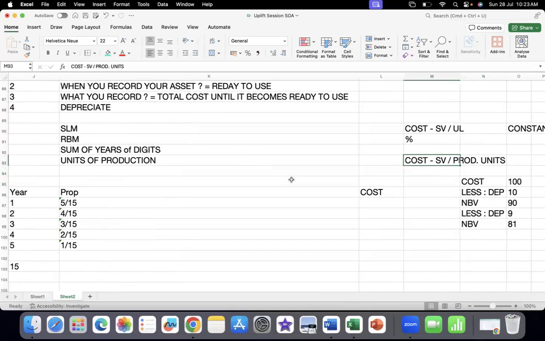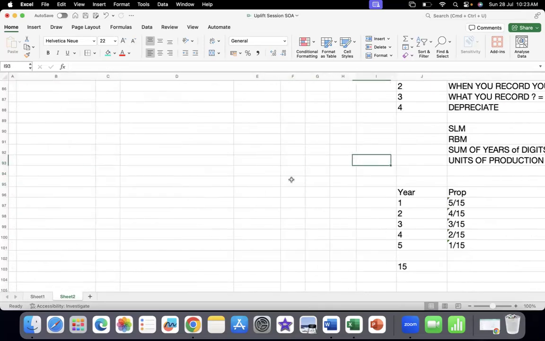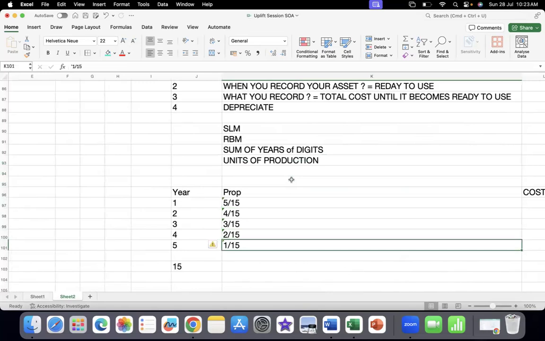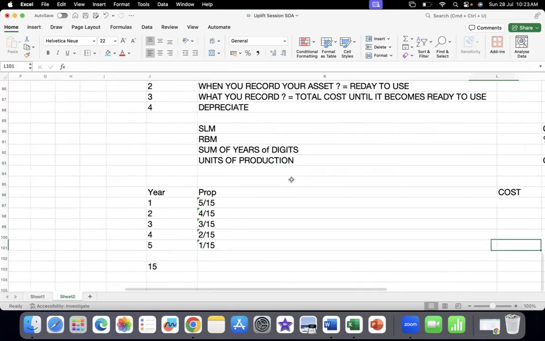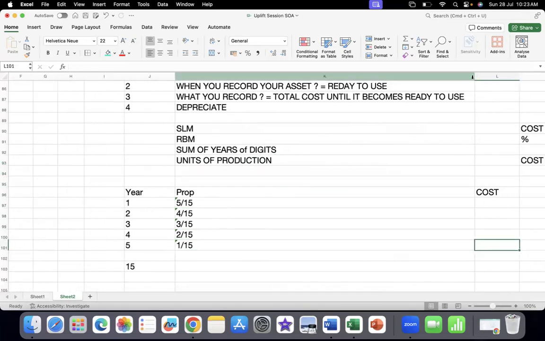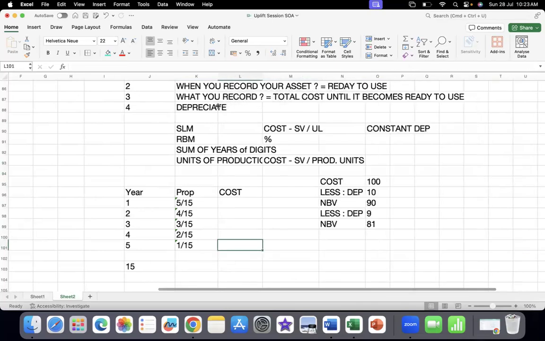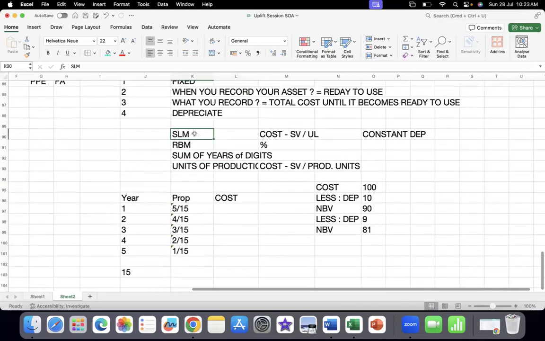The cost and the salvage value remain the same, but you divide it by your estimate of annual demand. So this is something you can just have a quick glance over. It is not that important apart from your SLM and reducing balance method.